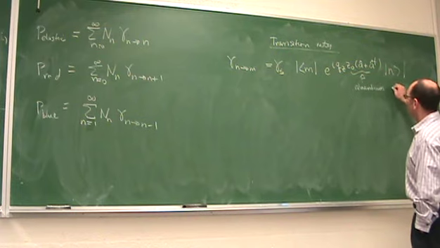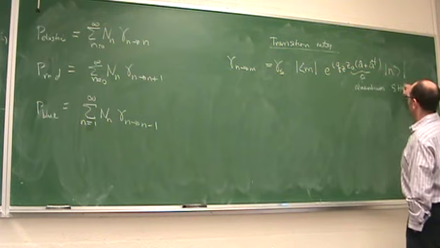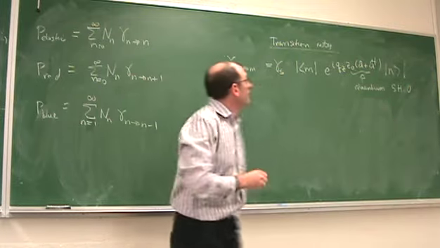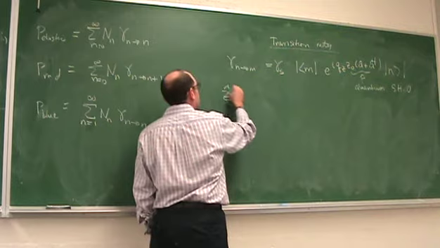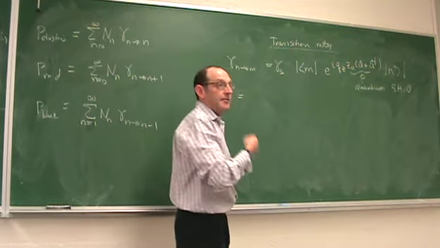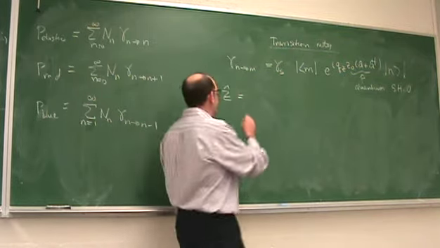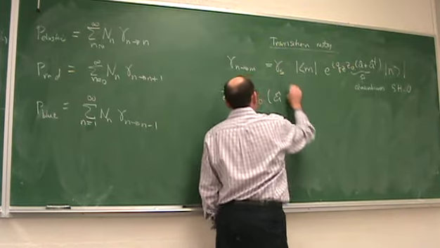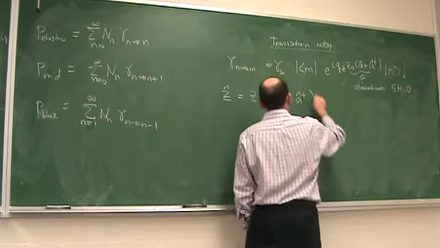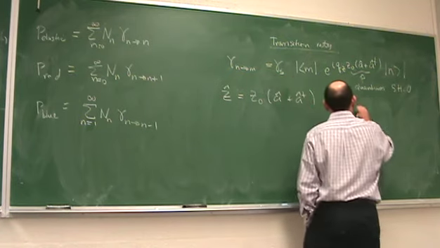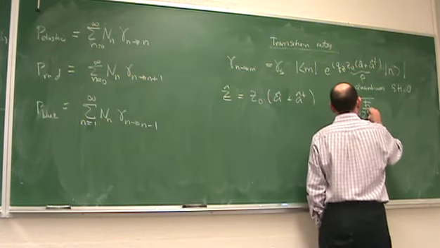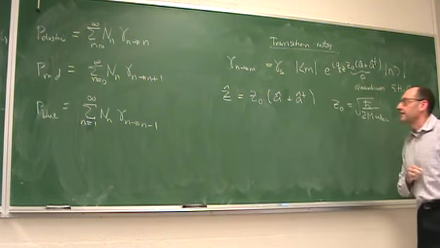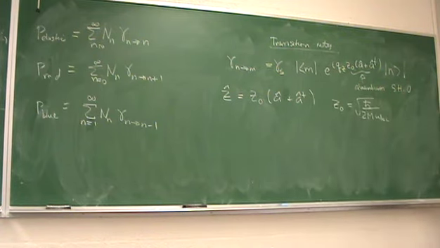So let me remind you about the quantum simple harmonic oscillator. If I write the position operator, that depends on the raising and lowering operators with a characteristic width that depends on the mass and the oscillation frequency.